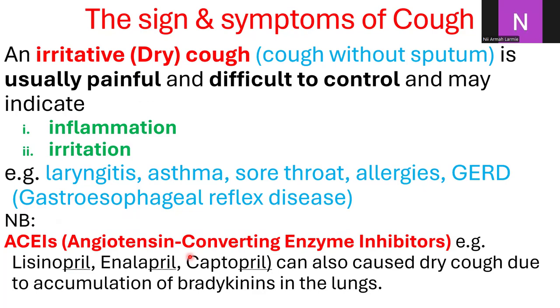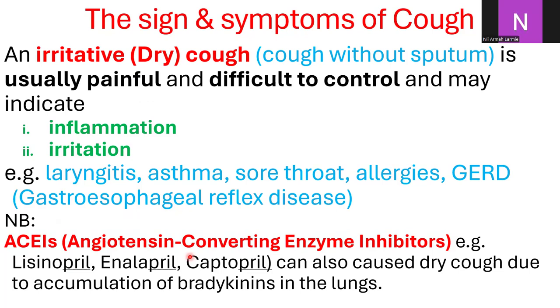When a patient experiences dry cough, it's important to stop the ACE inhibitors and go on to use their sister agent, the angiotensin 2 receptor blockers. Very important to note, dry cough is a limiting factor for the use of ACE inhibitors.